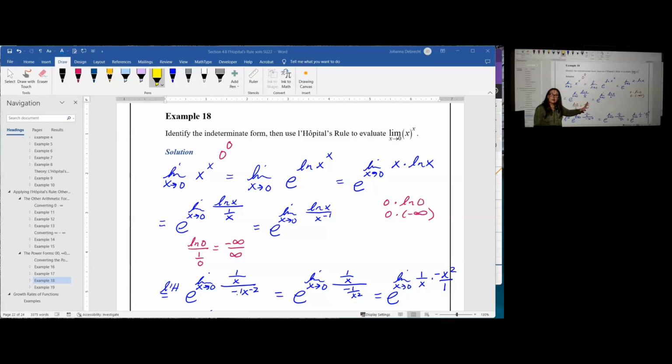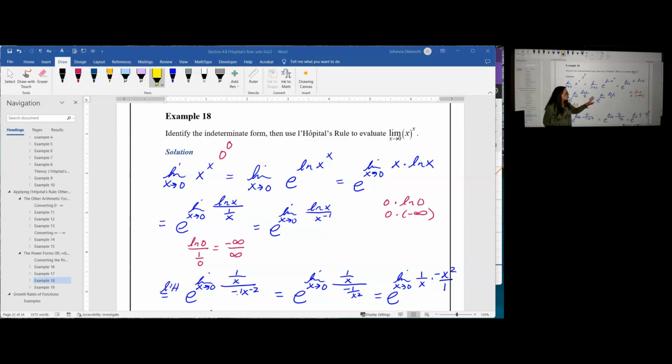Next, I have to convert that into a fraction form. I never move natural log. So I took the reciprocal of x, 1 over x, and divided by it. That gave me the limit as x approaches 0 of natural log of x divided by 1 over x.